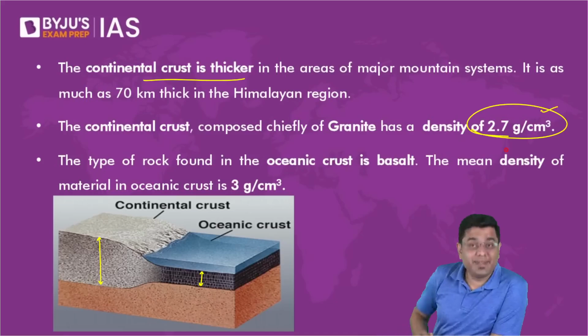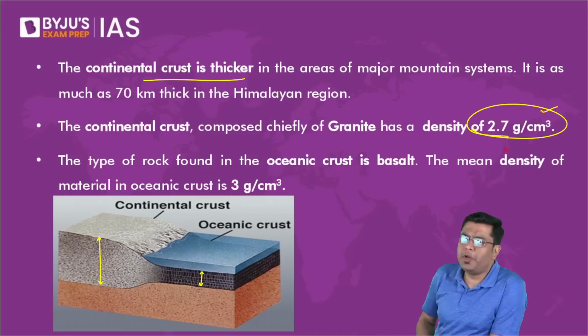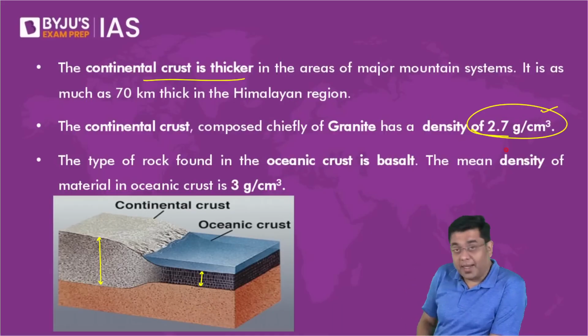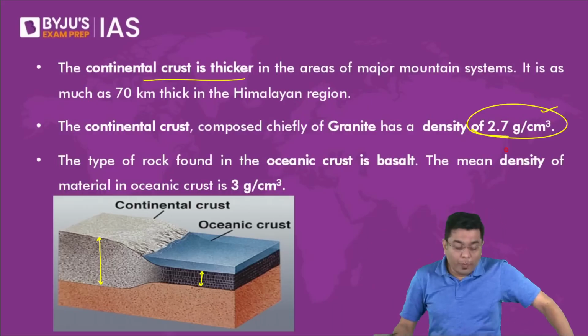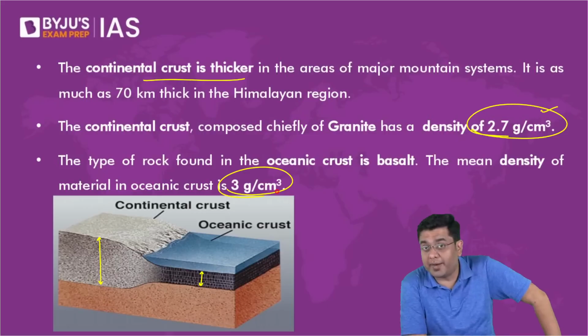So that is the density. Every centimeter cube weighs only around 2.7 grams. Whereas the oceanic crust, which is dominated by magnesium, iron, and silica, etc., has got a greater density. 2.9 to 3 gram per centimeter cube is the density of the oceanic crust.